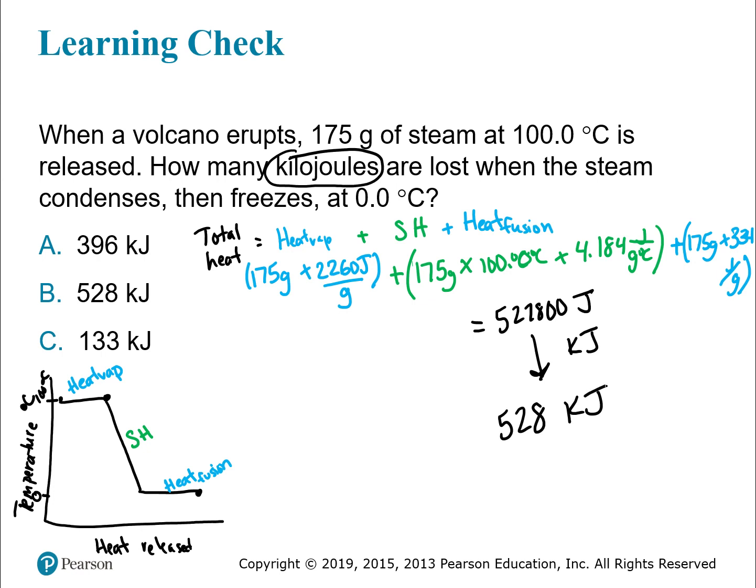We also need to make sure that sig figs are correct here. So you should get 528 kilojoules. Again, we'll do some examples in class. We'll practice drawing the heating and cooling curves, and then also finding the answers.